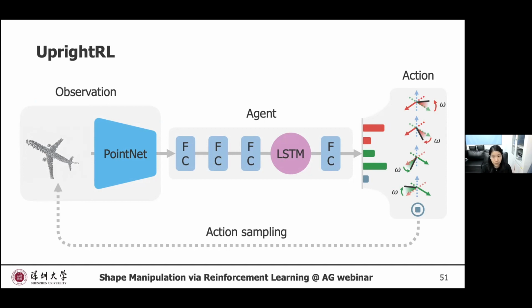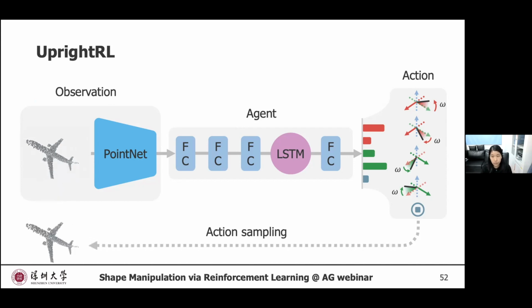Then to guide the training of such a network, we need to define a reward function to evaluate the action applied in each step. So we compare the 2 point clouds before and after applying the sampled action.